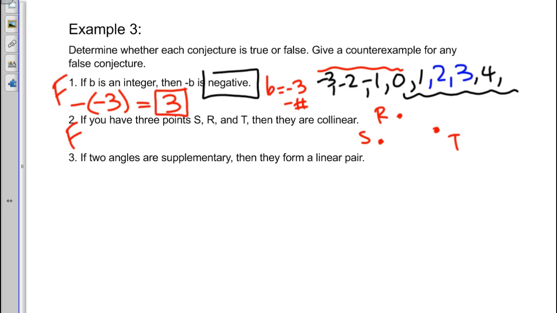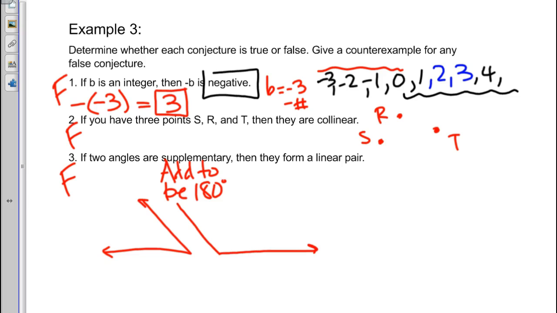All right, if 2 angles are supplementary, that means they add to be 180 degrees. You may have to look some of these up. Complementary is add to be 90. Then they form a linear pair. Well, that could be true, but it doesn't necessarily have to be true. 2 angles could be supplementary and not be connected. They don't even really have to be right next to each other like I drew them.